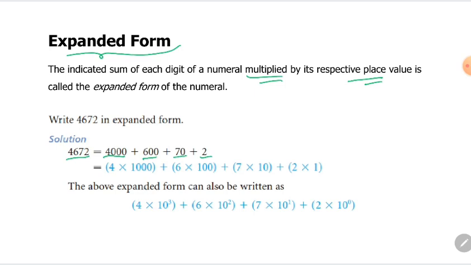Okay? So if you expand that even more, you multiply each digit by the respective place value. 2 should be multiplied by 1 since it's in the 1's place value. 7 will be multiplied by 10 since it's in the 10's place value. 6 by 100 since it's in the hundreds place value, and so on. You can also express this in the base 10 form.